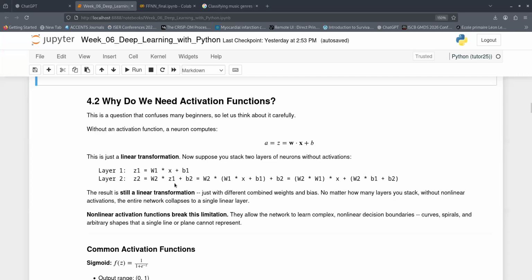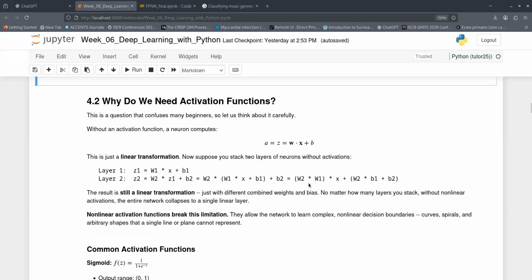Now replace your Z1, you know it, it's W1 dot X plus B1. At the end, we multiply W2 by W1 and by X, plus W2 times B1 plus B2.